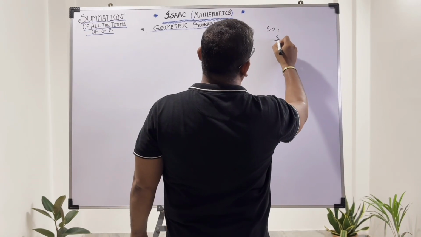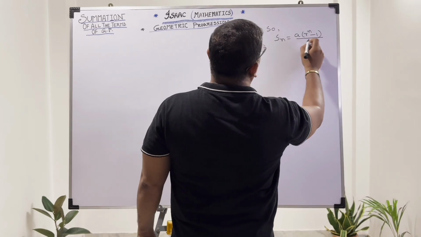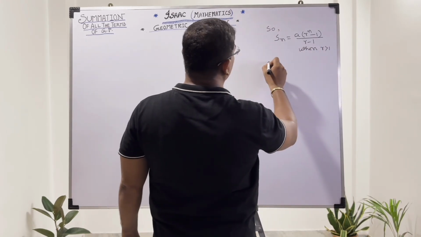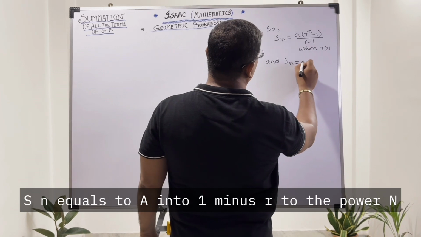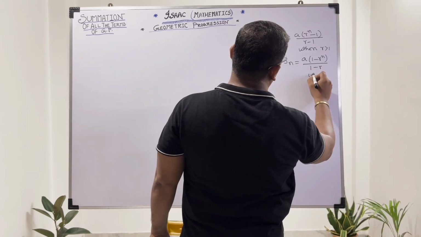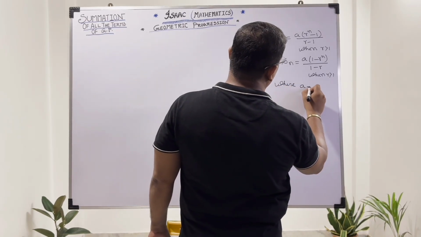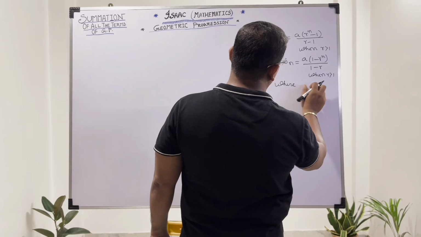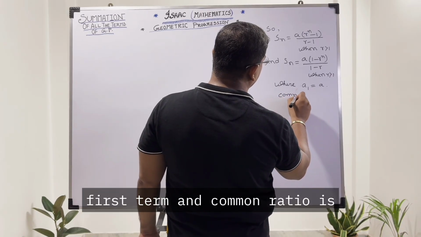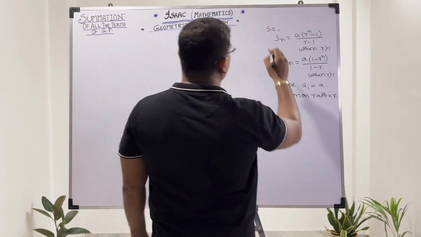So Sn equals a into r to the power n minus 1 whole divided by r minus 1 when r is greater than 1, and Sn equals a into 1 minus r to the power n by 1 minus r when r is less than 1, where a is the first term and common ratio is r. Okay.